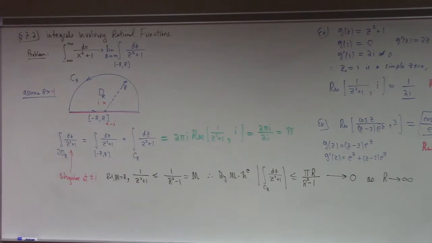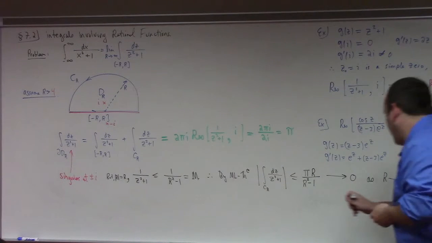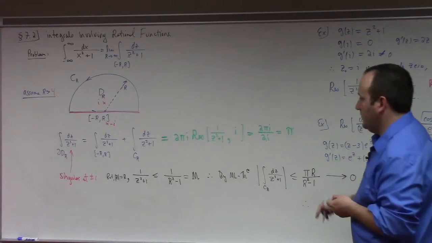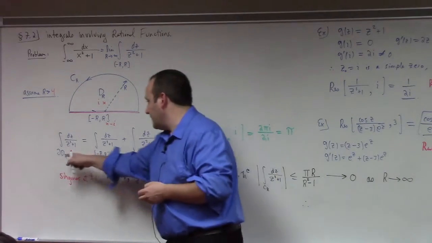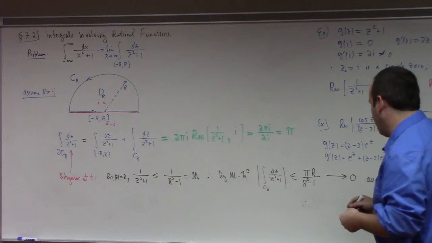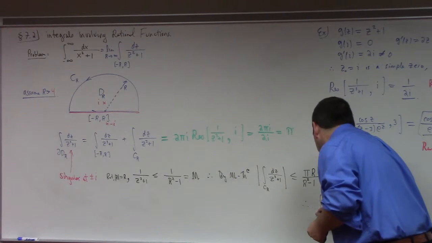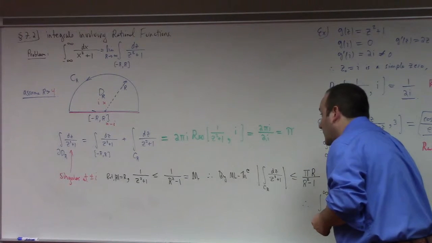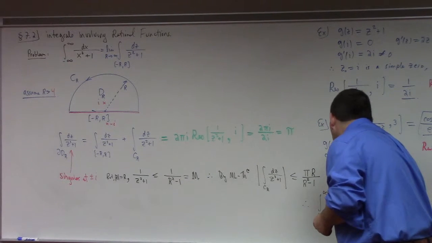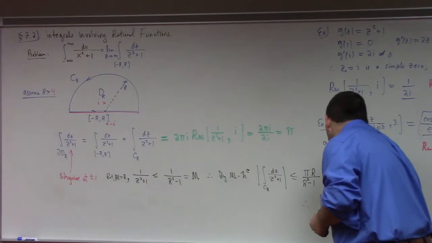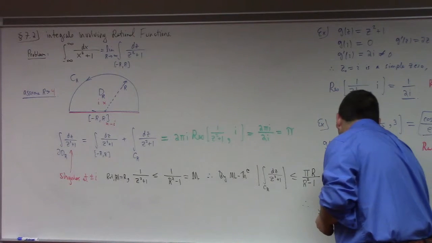Excuse me. But we can apply Cauchy's residue theorem on each half disk as the half disk grows to infinity, right? So, what's the answer? Putting together what I wrote in blue over here with our thoughts, we have now that the integral from minus infinity to infinity of dx over x squared plus 1 is equal to pi.